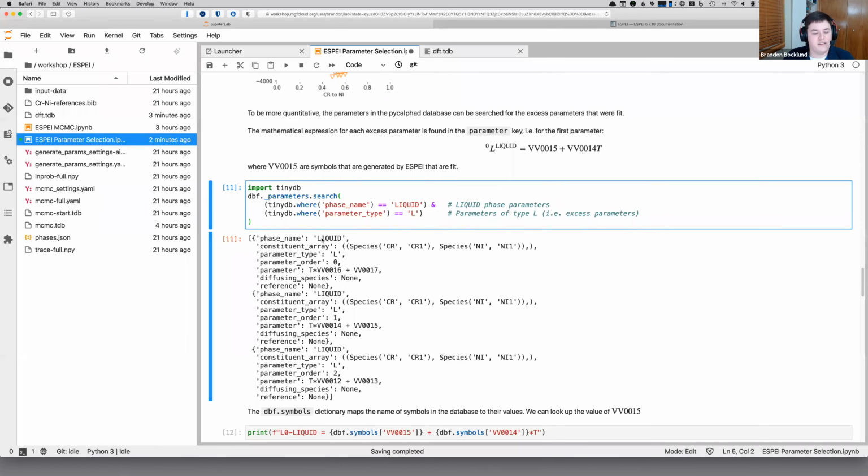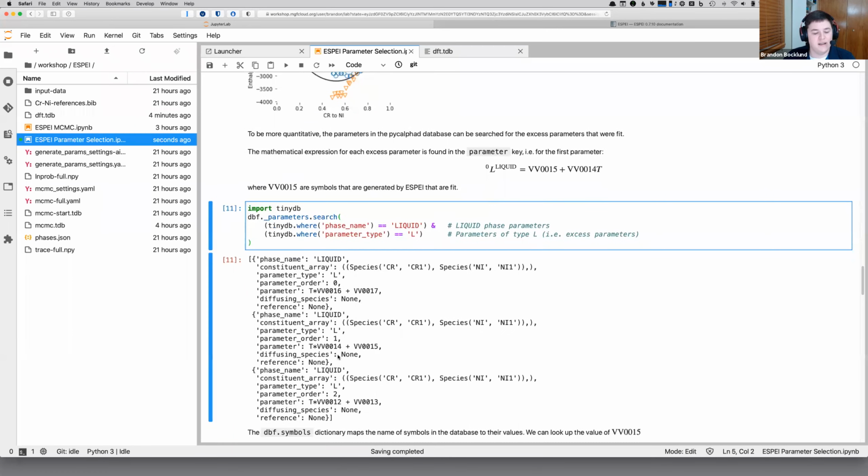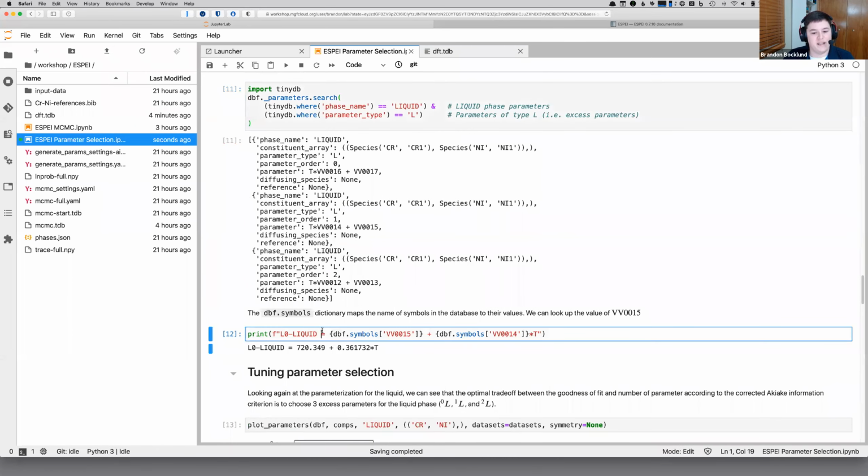We can see that for the liquid, we actually generate 4 different orders of excess parameters. So we have an L0, a first order, and a second order. Or sorry, we have 3 orders of parameters. Each of those is fit with a constant term plus a temperature term. So we have 3 different liquid interaction parameters. But looking back at this, we think that maybe only one L0 parameter might be required, and not this L1 and L2.